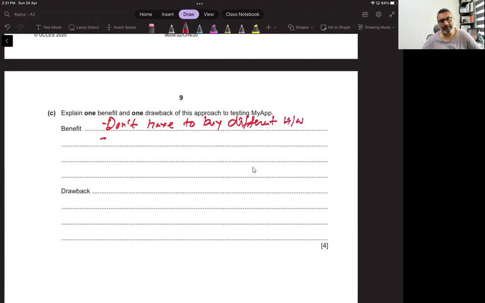It makes good use of one machine. Cost reduction.